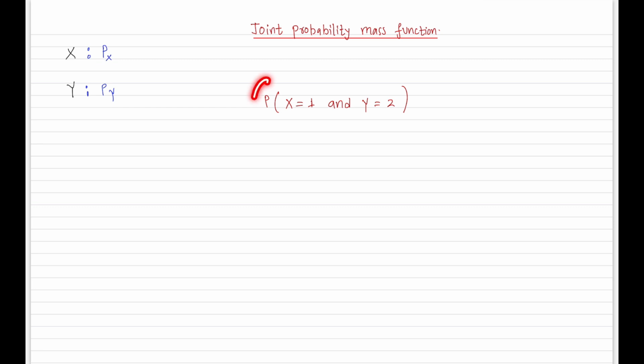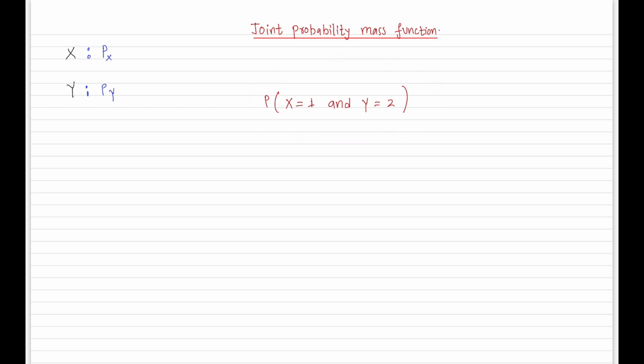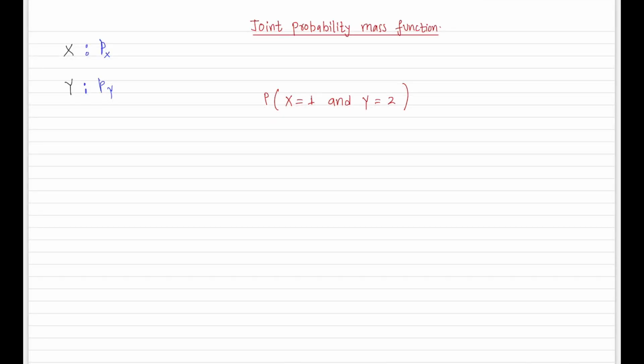But in order to answer this type of question, we will need the information that tells us what values of X tend to occur together with what values of Y, and this information is captured in what we call a joint PMF. Let's look at the notation for the joint PMF.